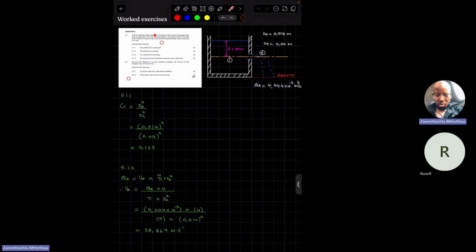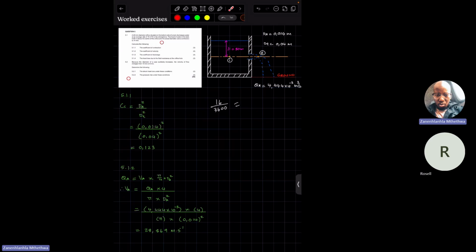The cubic meters remains the same, so we only have to convert the hours to seconds. 1 hour is 3600 seconds. So there we'd have to say 16 divided by 3600, which is equal to this here. So this is how this came about. Any questions on that one? No, sir.